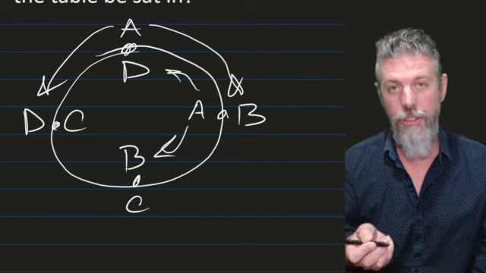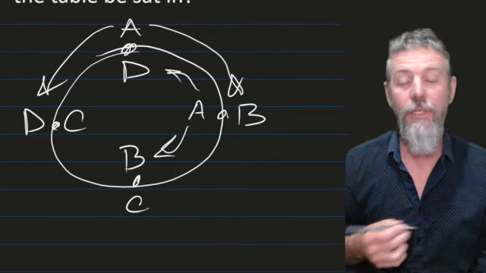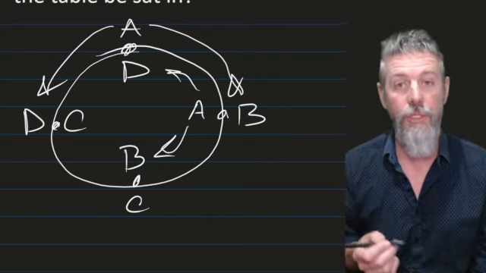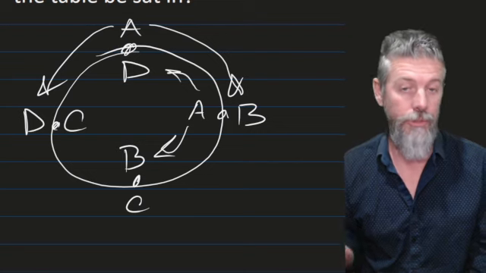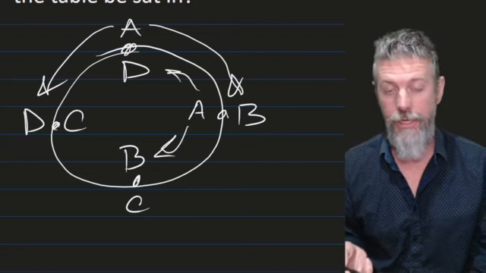It's just a rotation of that circular table, but everyone's still sitting in the same position relative to each other. So we don't consider it a new combination or a new permutation in that seating arrangement.